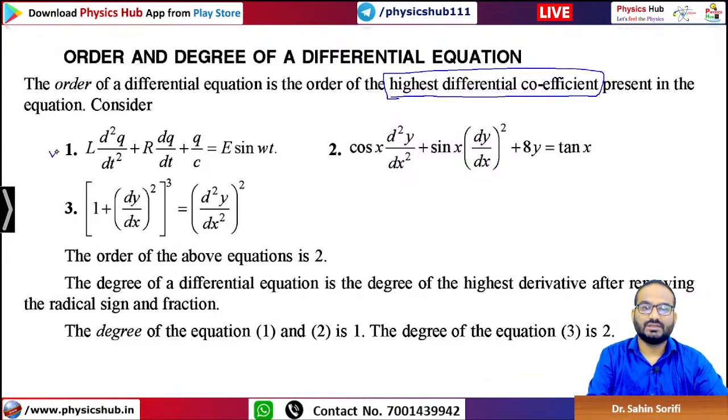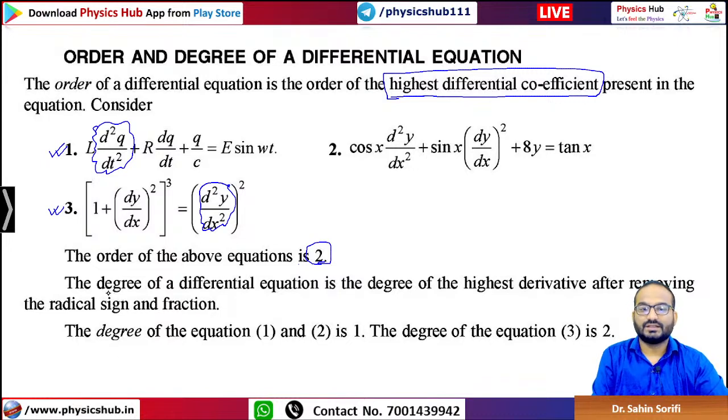For this example, L d²q/dt² + R dq/dt + q/C = sin ωt, what is the highest differential coefficient? It is d²q/dt². So this is a second order differential equation. For the third example also, this is the highest order. So the order of these equations is 2.